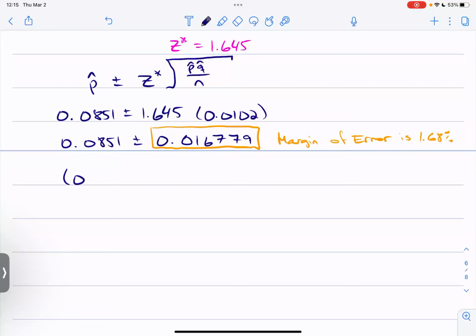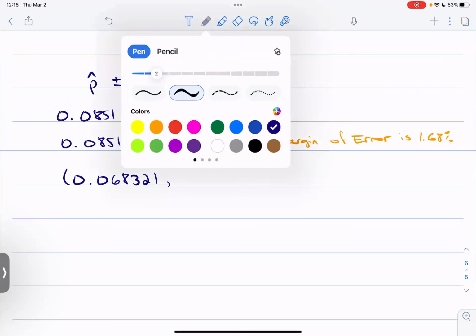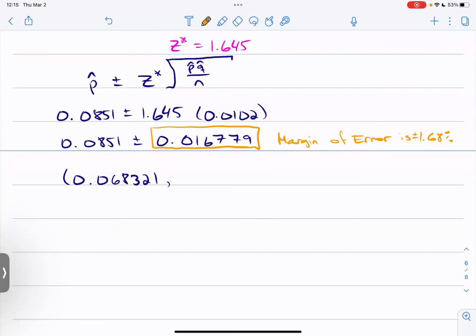All right. Once I calculate, so I take away 0.016779 from 0.085, and I get 0.068321. Yeah, so you have to take away first for the lower bound because it's an interval, right? I mean, the margin of error is, you know what? I'm just going to leave it as that.